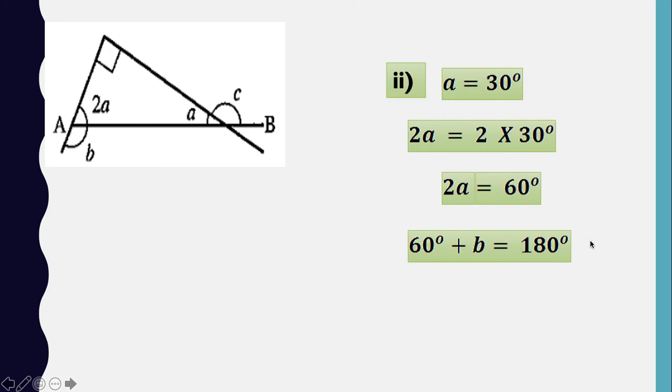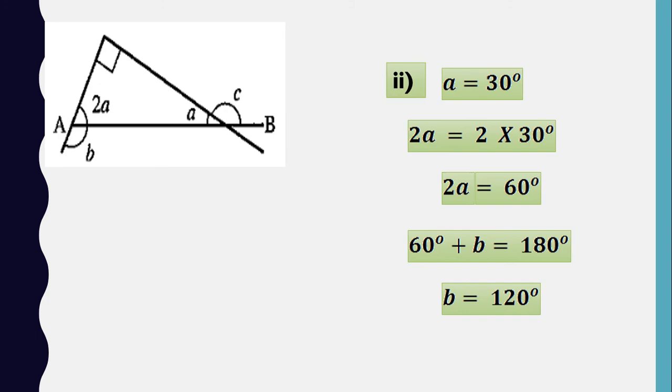The sum of the angles together will be 180 degree. So this angle is 60 degree, that we already found out. See, 60 degree plus angle B is equal to 180 degree. As per the rule, the sum of the angles on a straight line add up to 180 degree. Now we'll find B, 180 degree minus 60 degree, you will get 120 degree. You have to subtract, since 60 is positive, when you transpose it to the opposite side, positive 60 becomes negative 60. I moved it to the right hand side, the opposite side of the equation.